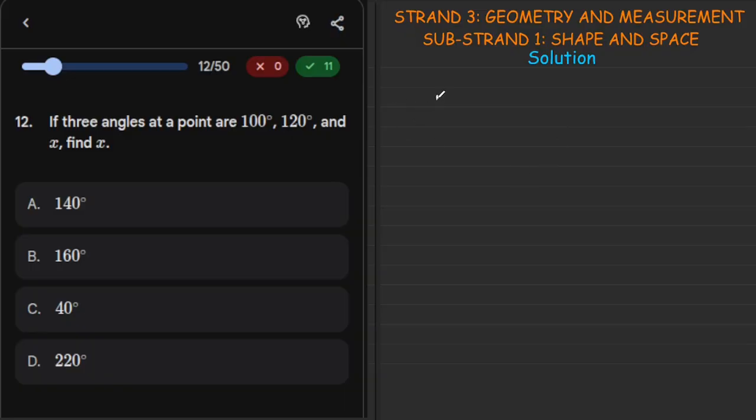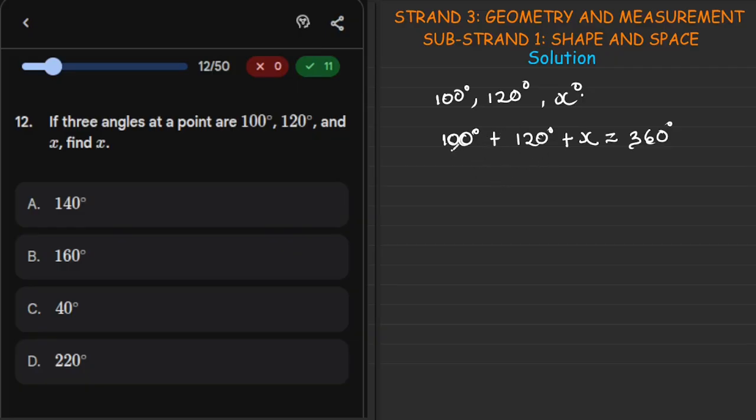So our angles are 100 degrees, 120 degrees, and then X. Since they are at a point, we can say that 100 degrees plus 120 degrees plus our X is equal to 360. And what property is that? That is angles at a point.